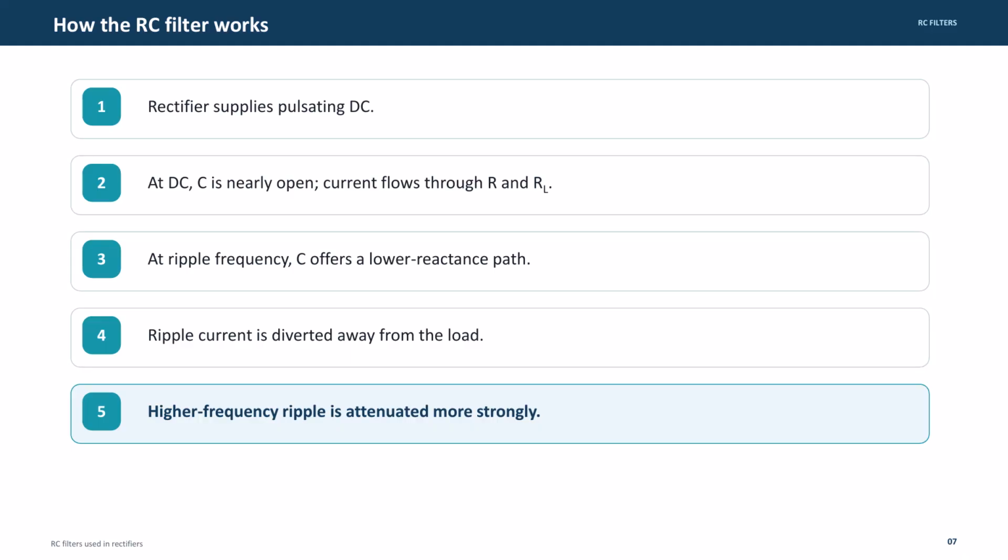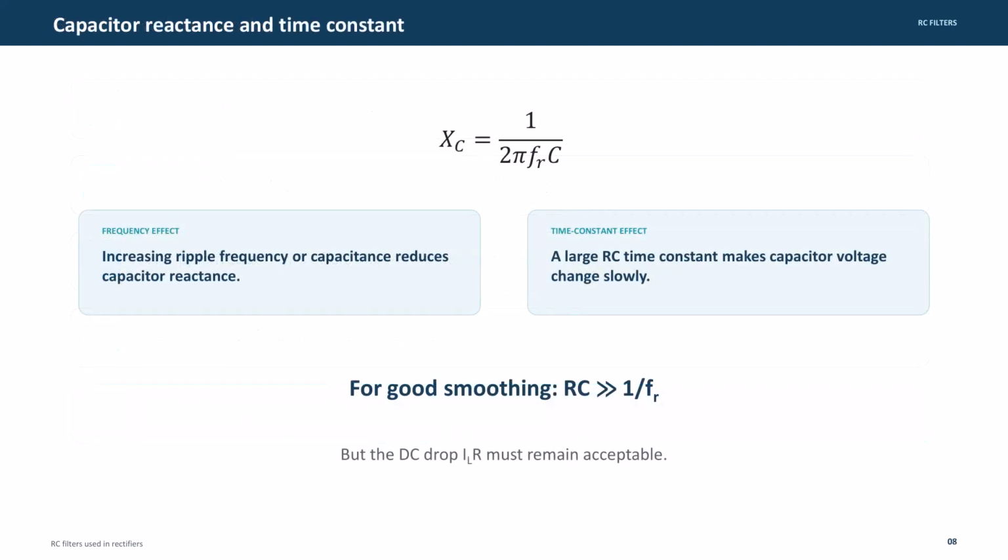Much of the ripple current is then diverted through the capacitor rather than the load. Together, the resistor and capacitor form a frequency-dependent divider, so higher frequency components are attenuated more strongly. Capacitor reactance is inversely proportional to ripple frequency and capacitance. Increasing either one gives the ripple current an easier bypass path.